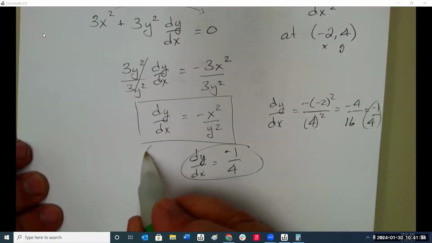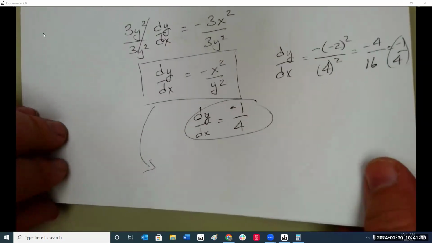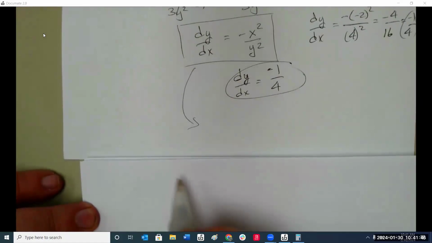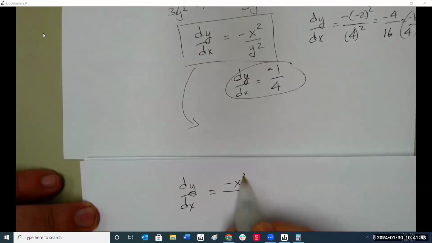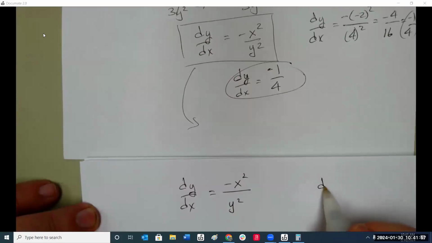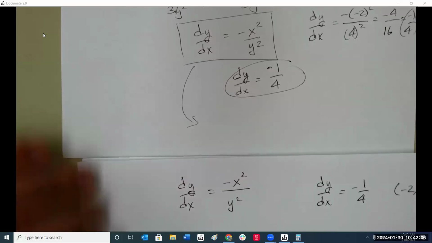Okay, so for here, we pick up from this point. We begin at dy/dx equals negative x squared over y squared. dy/dx is negative 1/4 at that point.